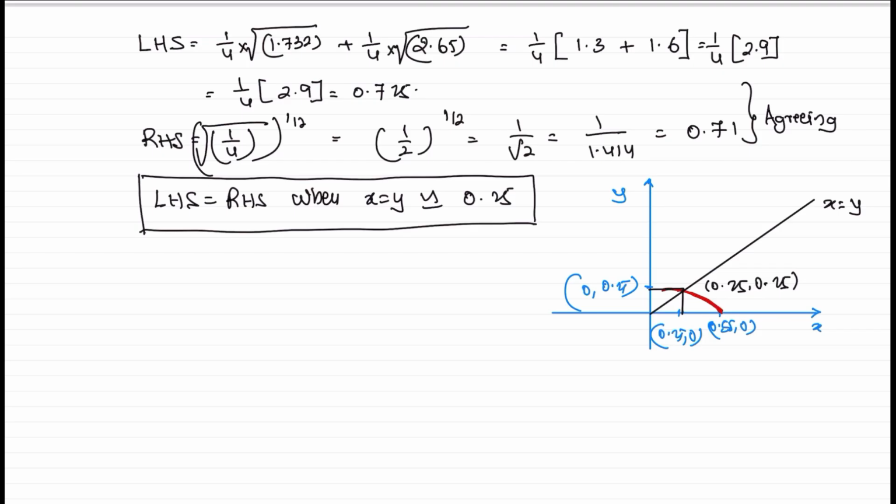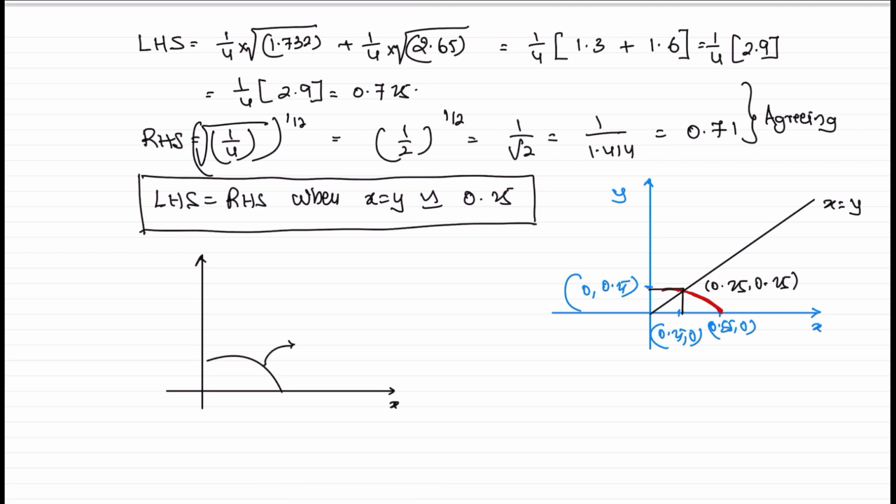The final diagram will be, the shape of the graph will be the shape of the graph.